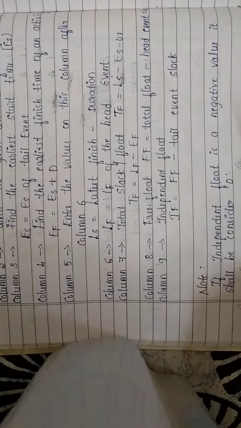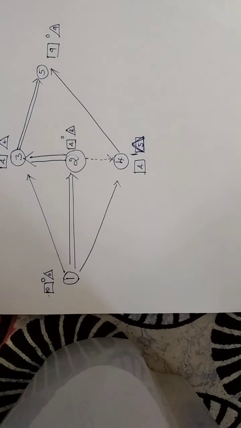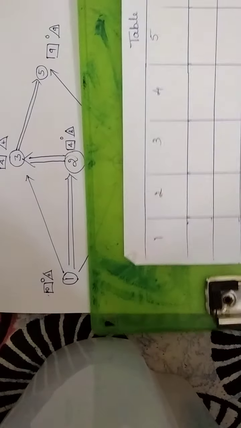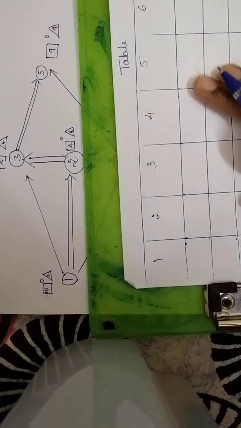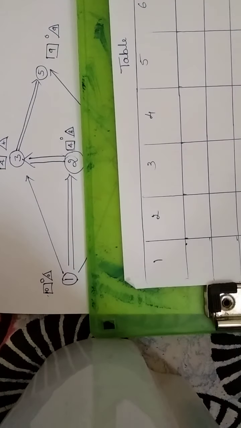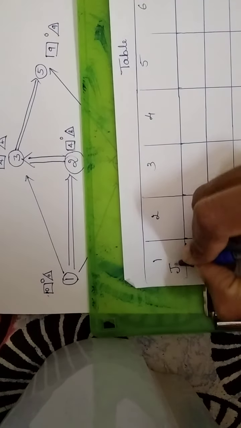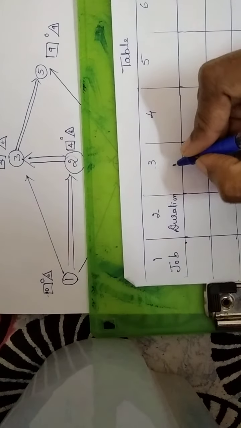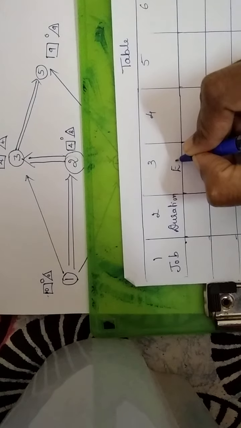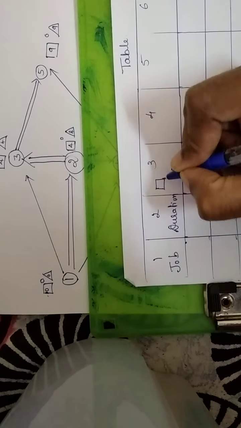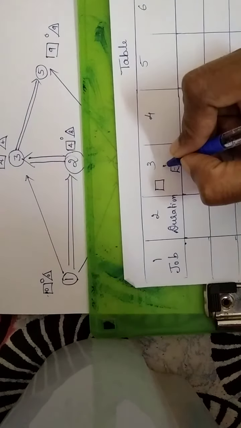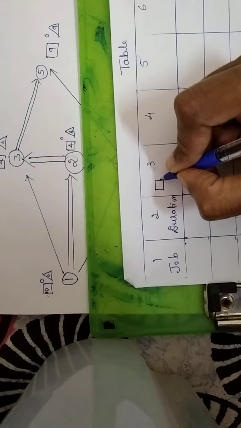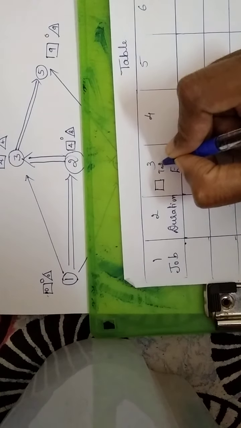I shall explain this with the network diagram that we have already drawn. Now this is the network diagram, and I will write down the columns here. Column 1 is the job. Column 2 is the duration. Column 3 is earliest start time, of the tail event, so you need to take the earliest start time of the tail event.